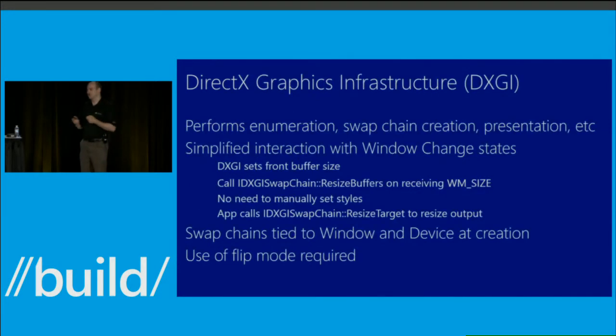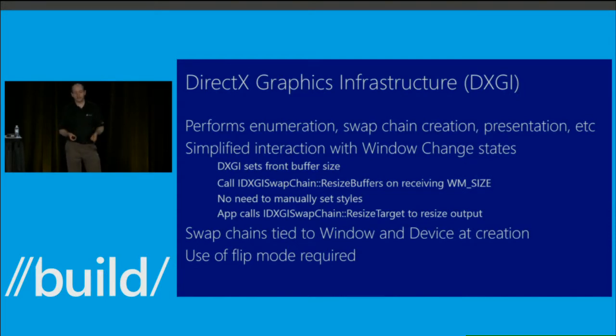So now I'm going to talk a little bit about DXGI. DXGI is our functionality that essentially accomplishes all of the low-level tasks, such as enumeration, swap chain creation, changing the gamma, all of those low-level things that are fairly independent from the D3D side of things. And the key things you need to be aware of when using DXGI is that we've simplified a lot of the interaction when there's a change of state.